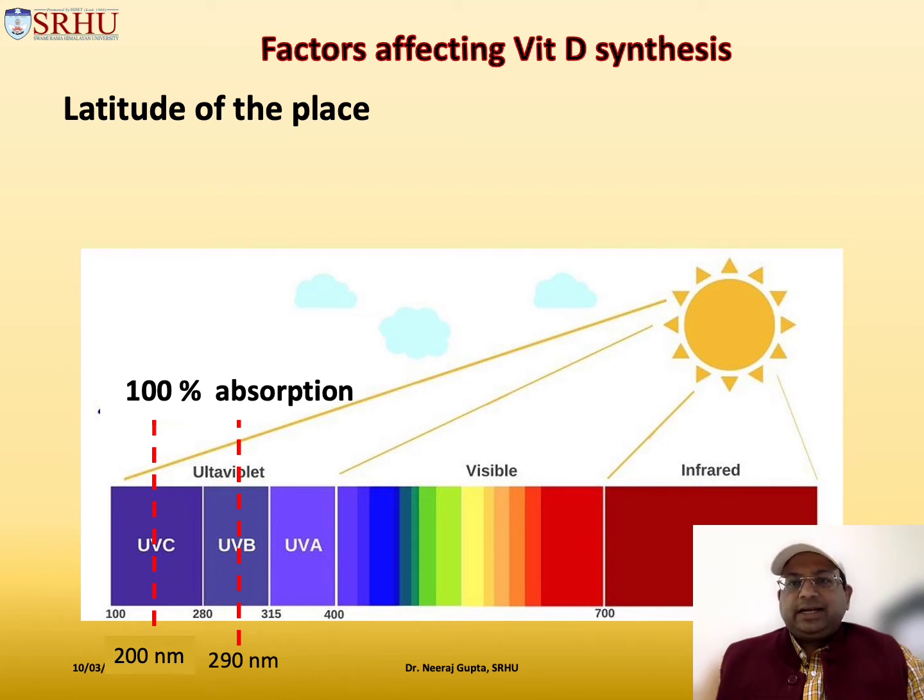The reason is that all of the UVC spectrum of sunlight, which falls under 200 to 280 nanometer, and all of the UVB radiation spectrum, approximately up to 290 nanometer, is efficiently absorbed by the stratospheric ozone layer.